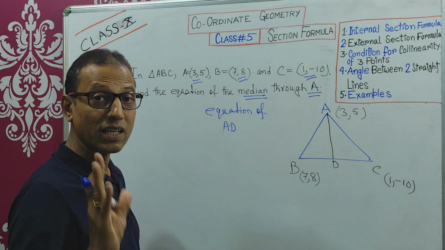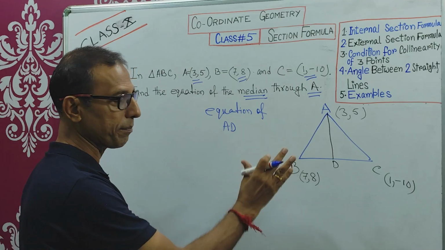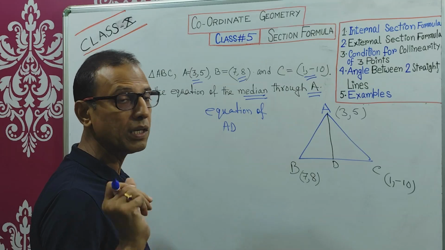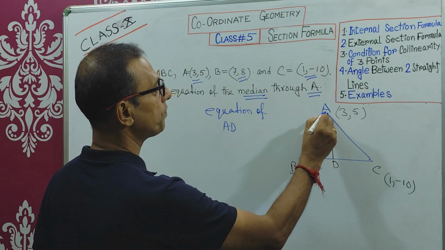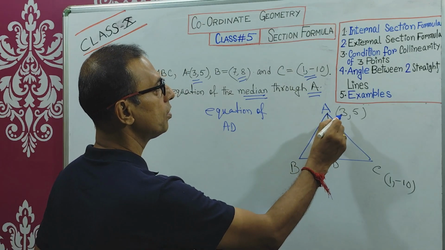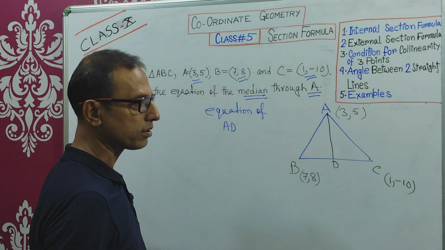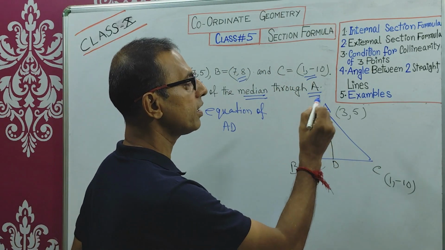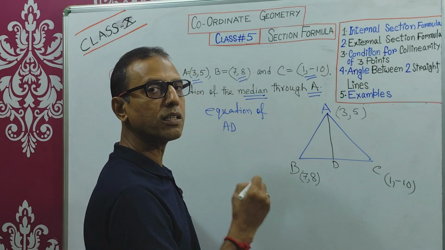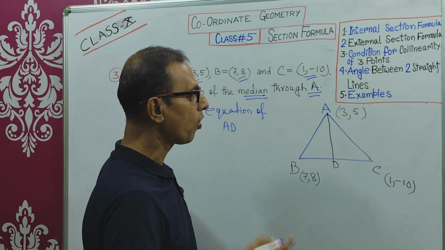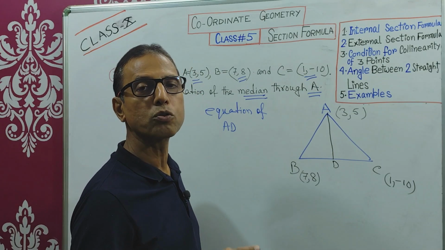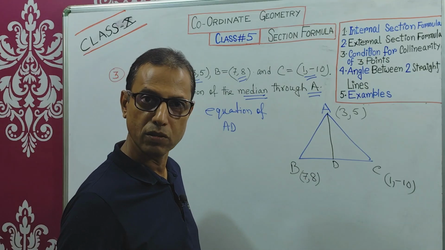Just break the problem into steps. That's how you should solve any problem. If you need to find the equation of AD, what are the things you need to know to find the equation of a straight line? Either 2 points, or 1 point and 1 slope, that is point slope form, or slope and the y-intercept, right?